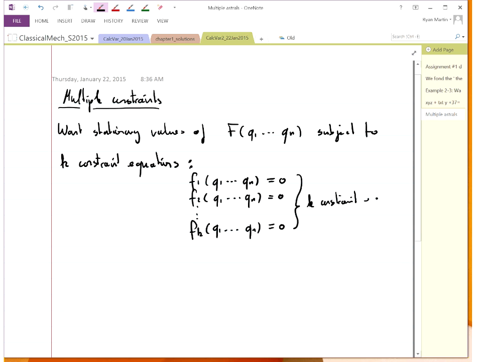So these are our k constraint equations. So this means we have, in principle, n minus k, what we call degrees of freedom.